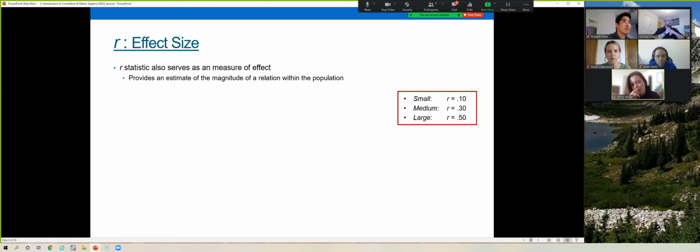So if I've got a sample that's really large, for correlation samples of around 400 or something like that, you can start to identify these correlations as statistically significant. Okay, but Basha, what's maybe my concern with identifying a correlation as statistically significant? What does that technically mean?